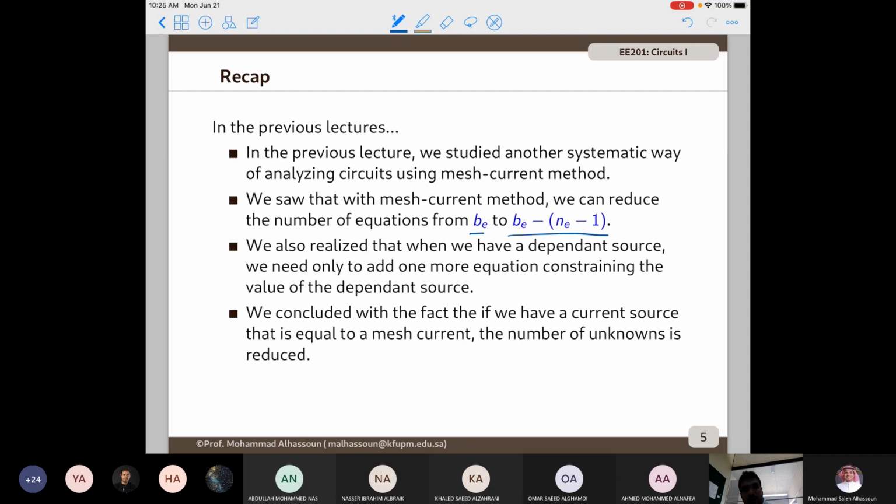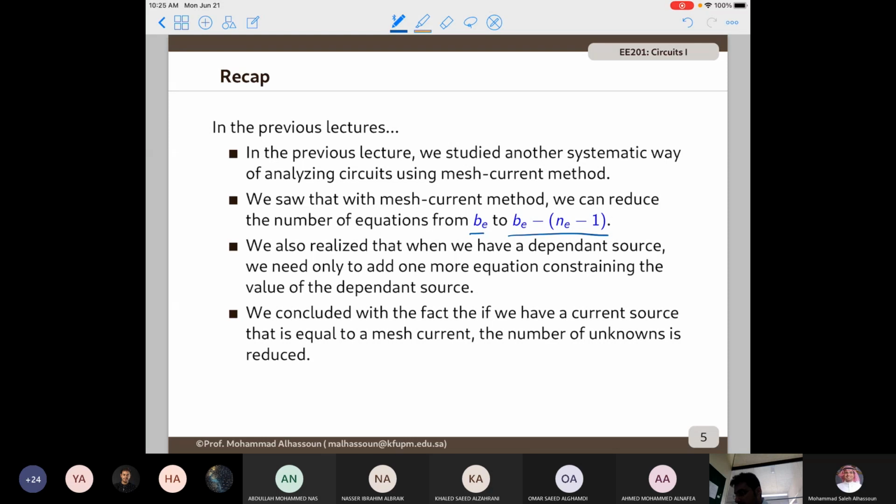Then we discussed what happens if we have a dependent source. We realized that having a dependent source does not change anything, except that we need to add an extra equation that constrains the value of the dependent source. So the number of equations is increased by the number of dependent sources.